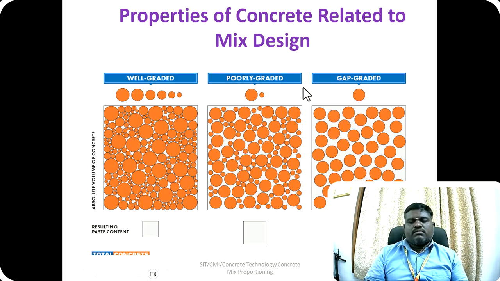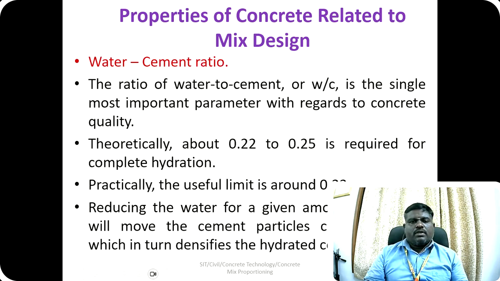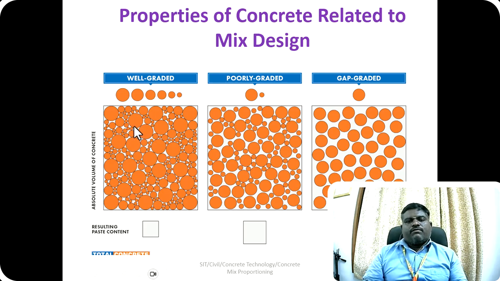So this diagram is a pictorial representation of the well graded, poorly graded and gap graded aggregates. Here in the first image we can see there are a lot of smaller particles and bigger particles.